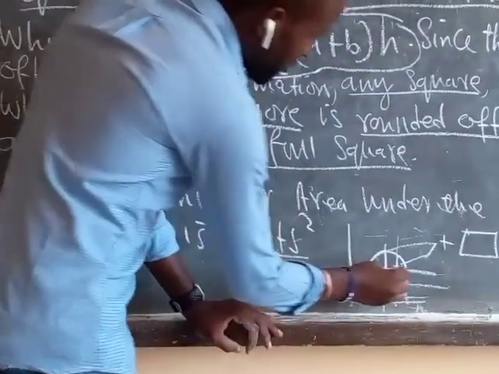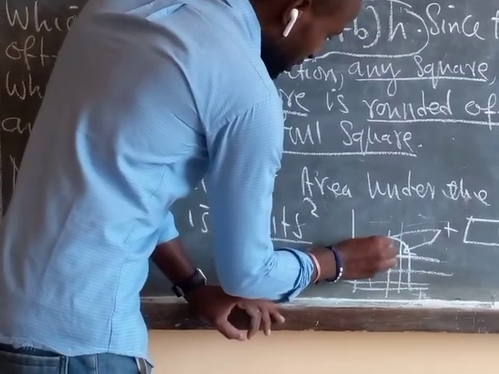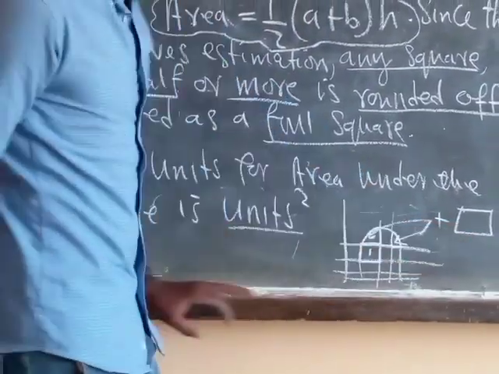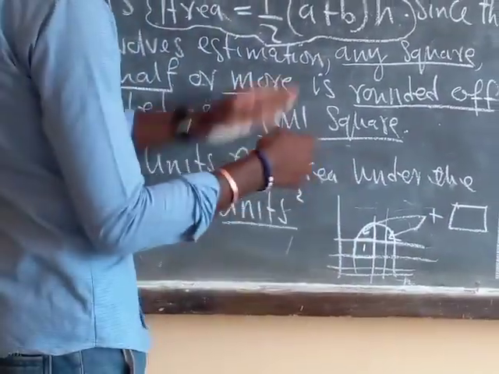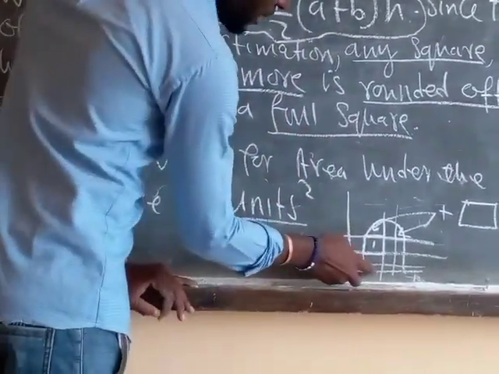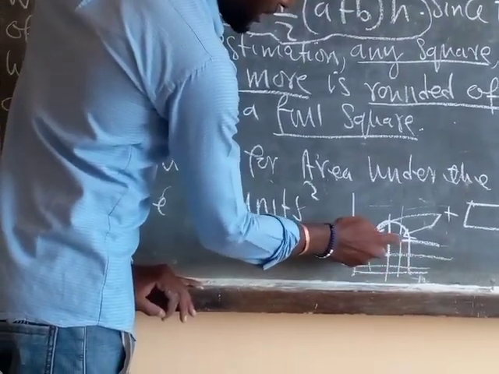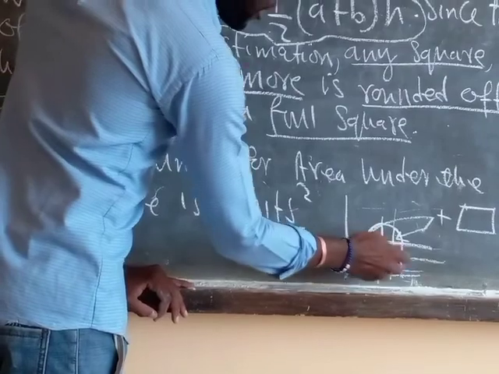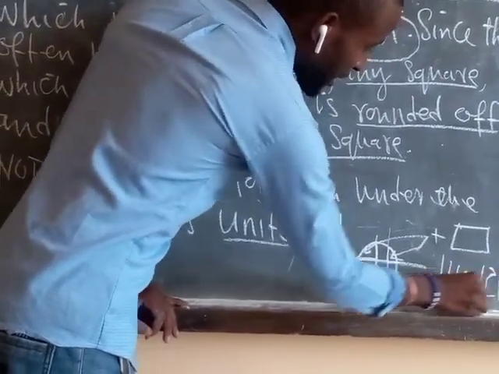You count the complete squares that make your area. In this case, we count 1, 2, 3, 4, 5, 6, 7, 8, 9, 10, plus these two halves, which gives me 11 units squared as my area.